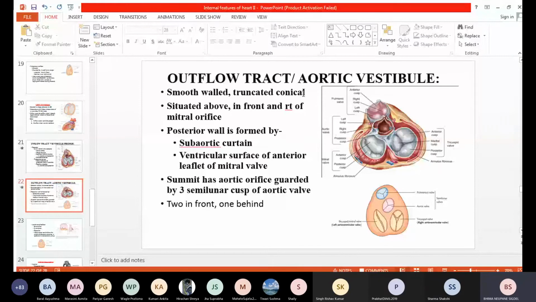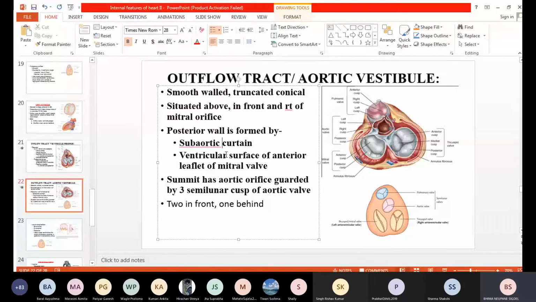The posterior wall of the aortic vestibule is formed below the aorta by a thin tissue known as the subaortic curtain. Subaortic curtain and the ventricular surface of the anterior leaflet of the mitral valve form the posterior wall of the aortic vestibule.